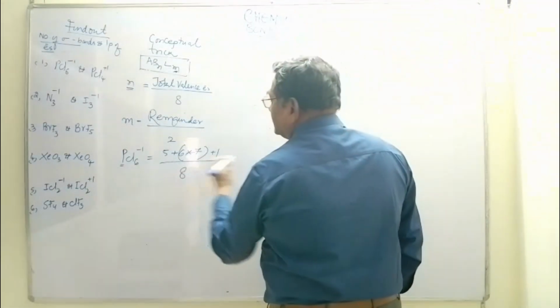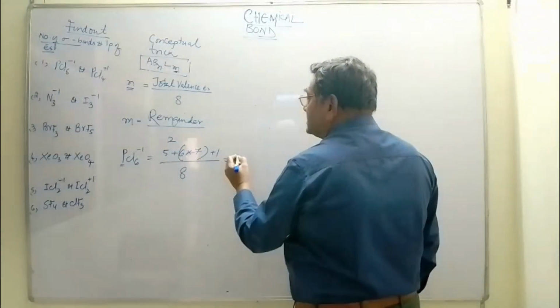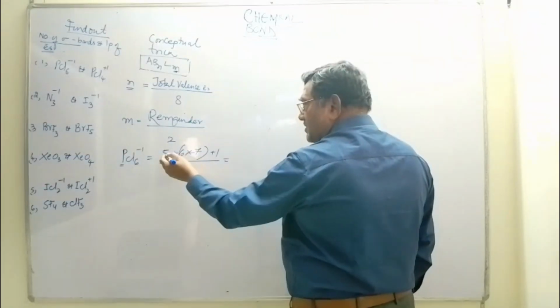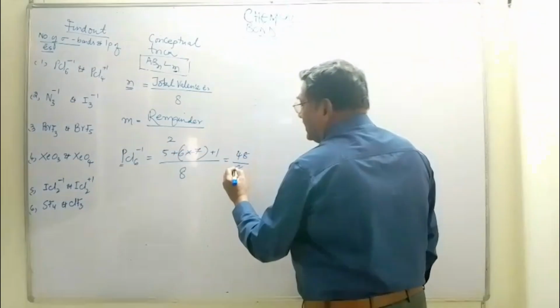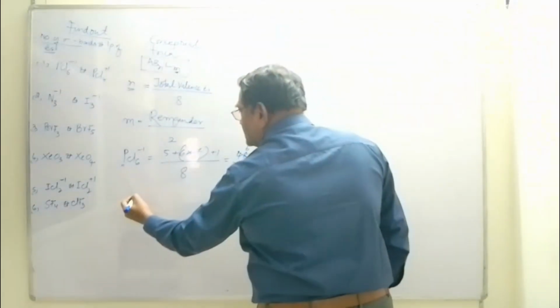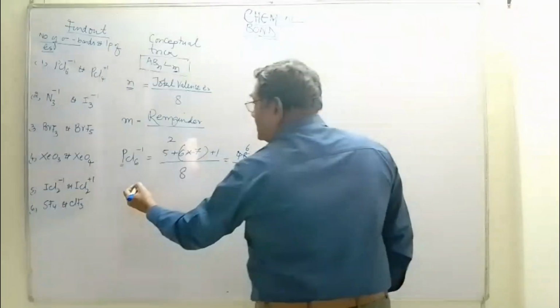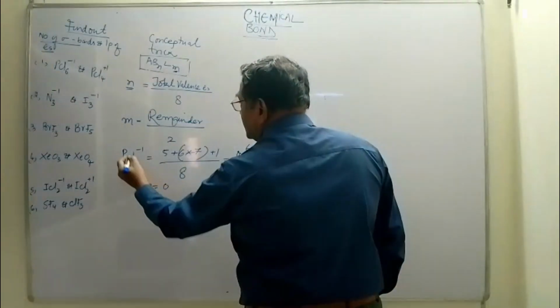It's divided by 8. 6 sevens are 42, plus 5 is 47, plus 1 is 48. 48 by 8 gives 6, with no remainder, hence m is equal to 0.